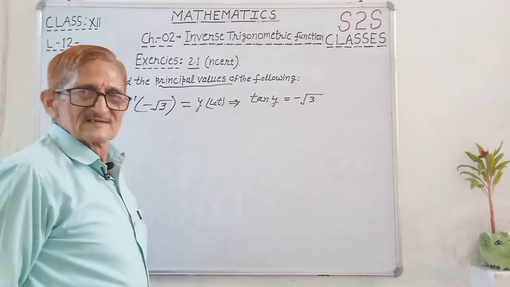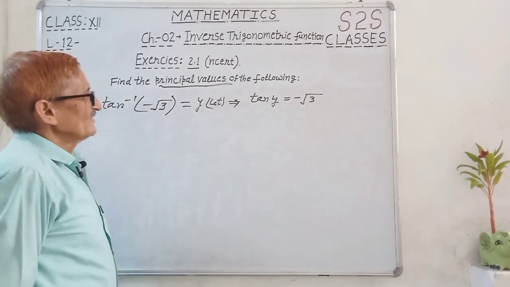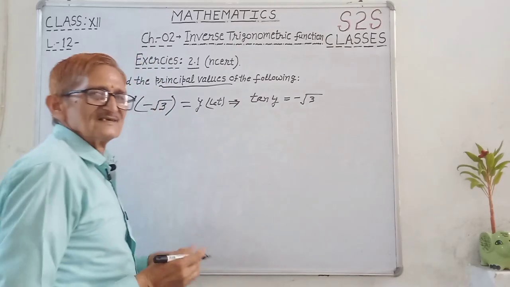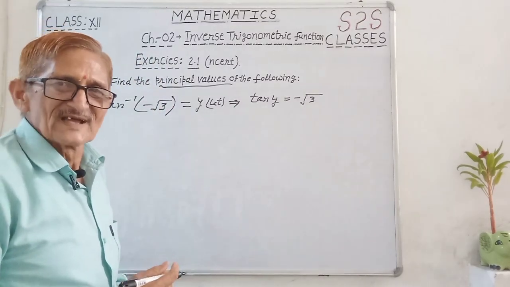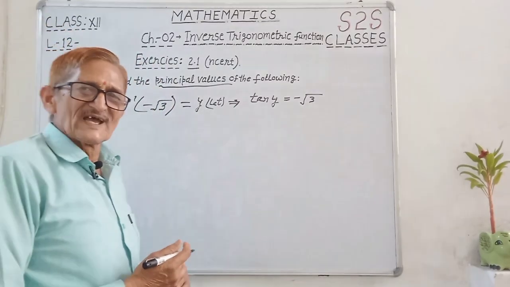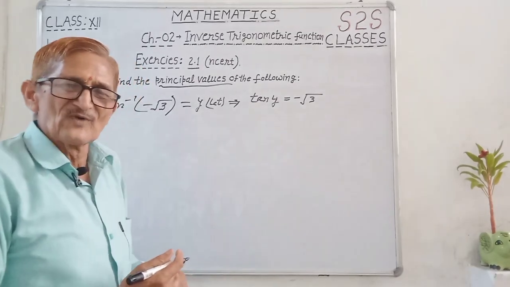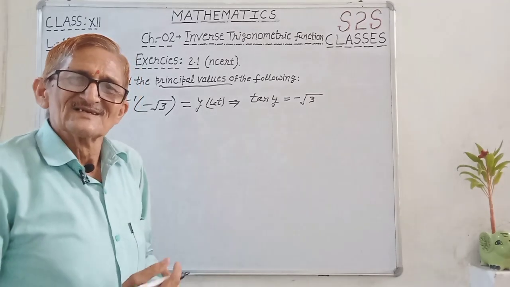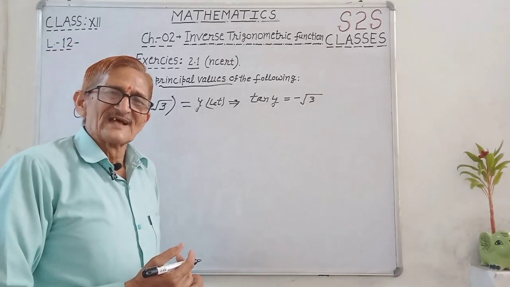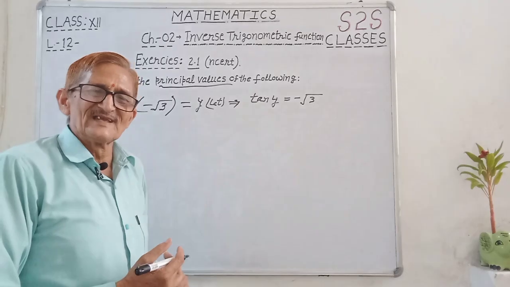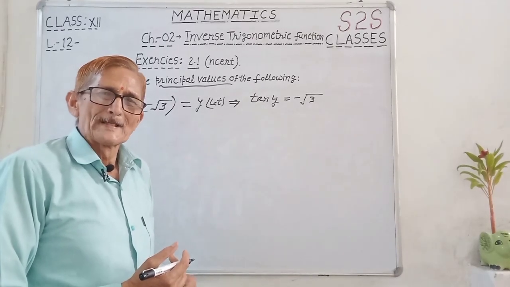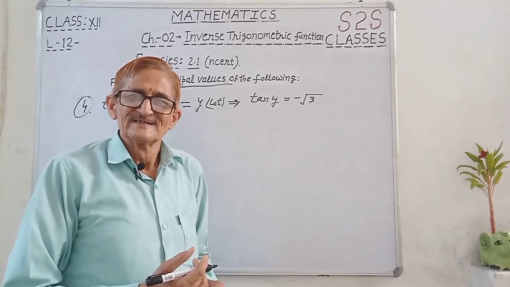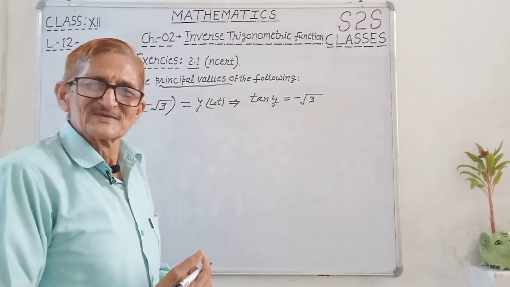So, for root 3, what is it in tan form? Tan of how much degree is root 3? Tan 30 is 1 upon root 3, and tan 60 is root 3.